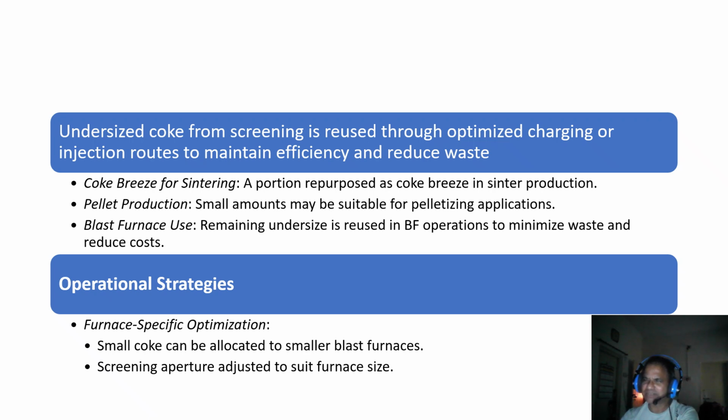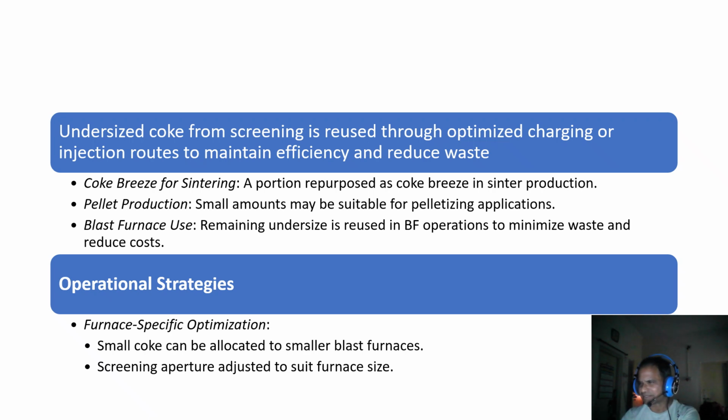So managing this undersized coke is one of the very important aspects in burdening, and this generation also depends on how the blast furnace department has configured their coke screen.